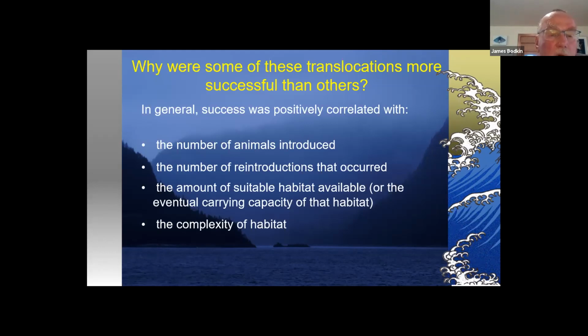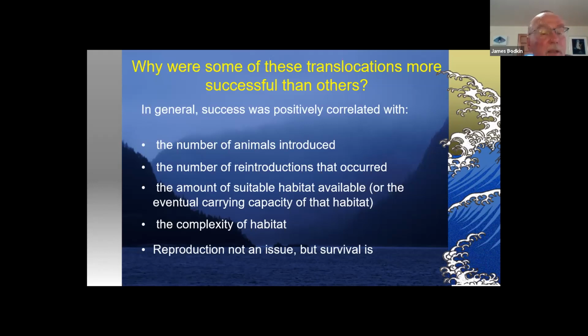And there were some correlations with the complexity of the habitat, with Southeast Alaska being the most complex habitat, and the Washington and Oregon coastlines having perhaps the least complex. And it was pretty clear that reproduction was not an issue in any of the translocations, San Nicolas Island and Oregon.